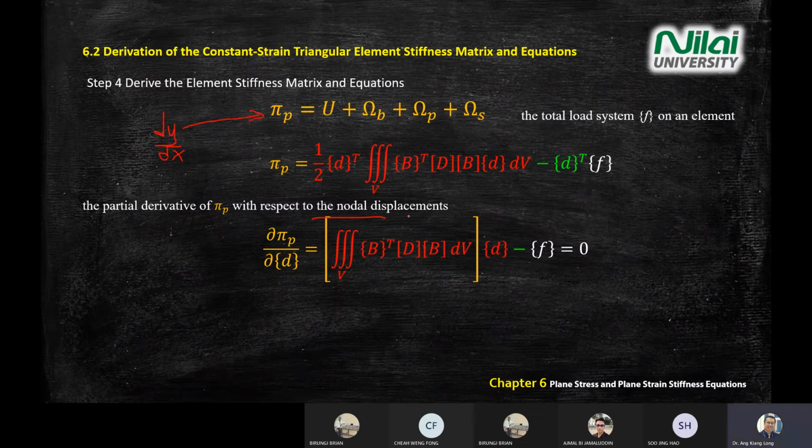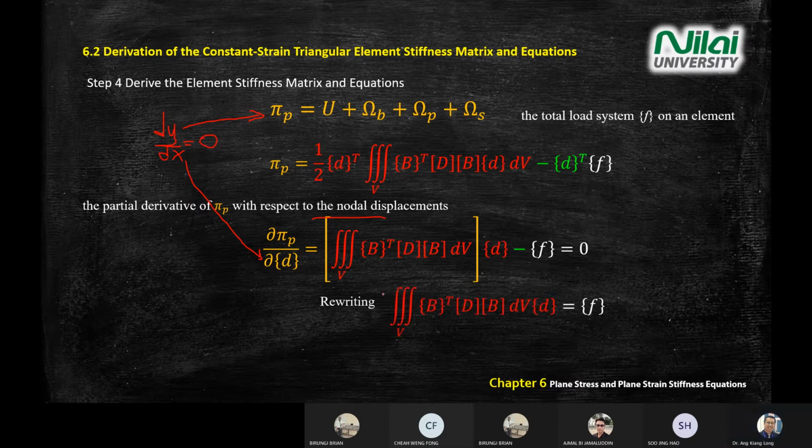Your x, in this case, you will use displacement. So when you do derivation, dy dx equals 0, means to get the balance point. All right. So you rewrite, you get this form.